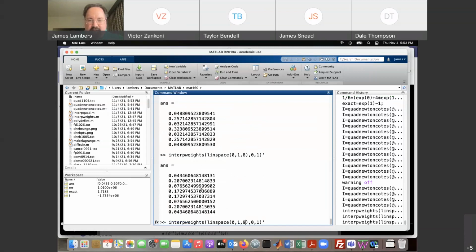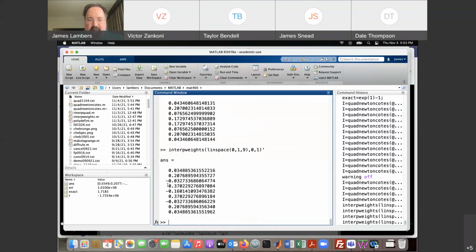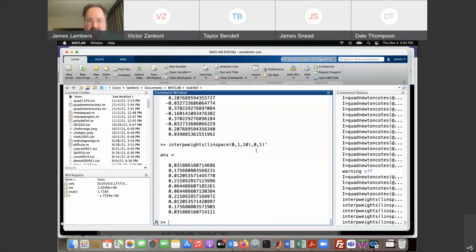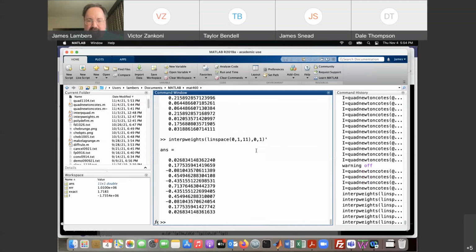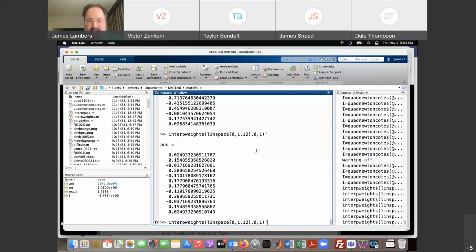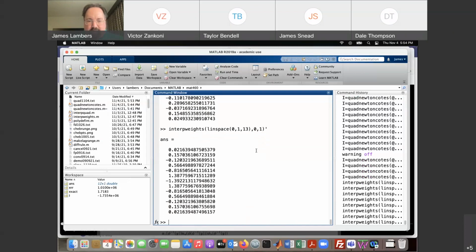Okay, but once I get high enough, we start getting negative weights when we have 9 nodes. I pretend they're all positive again, but it's been proven that once you get to 11, anything higher than that, there will always be at least 1 negative weight.